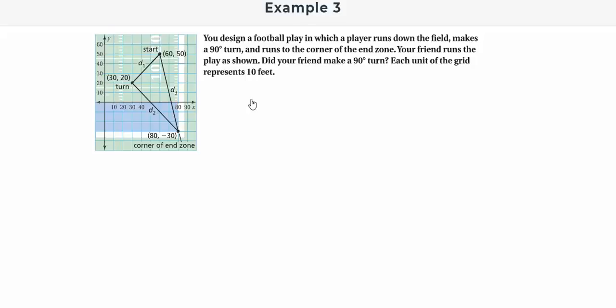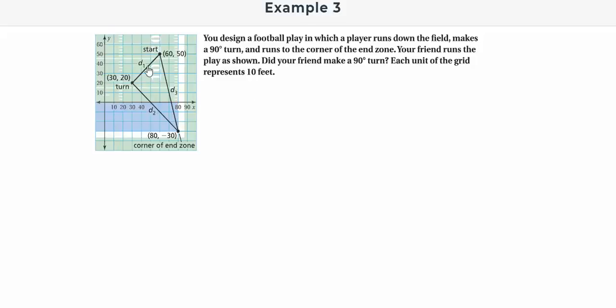And what we've been dealing with to figure out whether triangles are right triangles or not is the converse of the Pythagorean theorem, a key idea at the beginning of section 7.5. It's like what we did for example 1, A and B, where we checked the side lengths, and if A squared plus B squared equaled C squared, then we knew we had a right triangle.